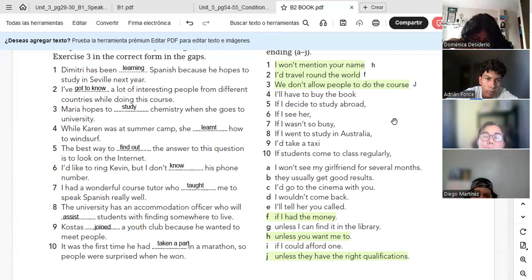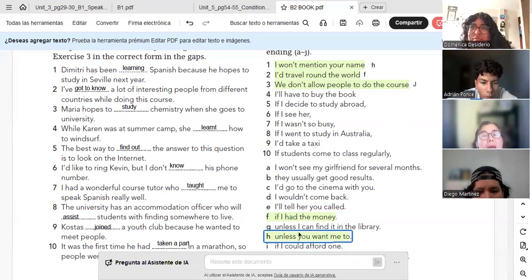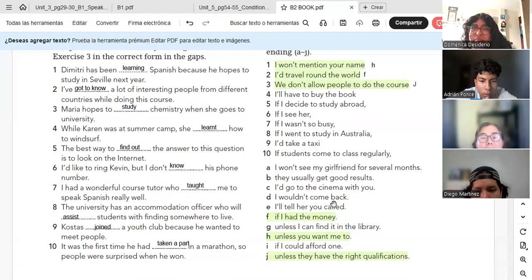It's talking about a book. That's the context. So, what do you think? No entiendo esta traducción. Yo tendría que comprar un libro, sí.